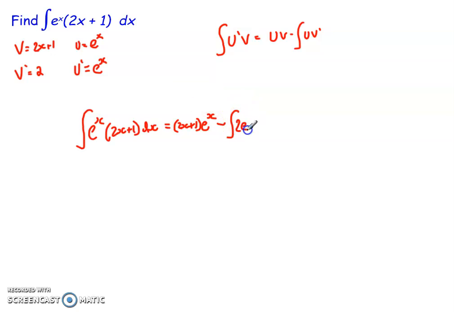Take away the integral of 2 e to the x dx. Integrate this part and what I end up with is 2x plus 1 e to the x minus 2 e to the x plus c. So there you go. That's me calculating my integral for that one, and I've worked it through and managed to get what I want from there.